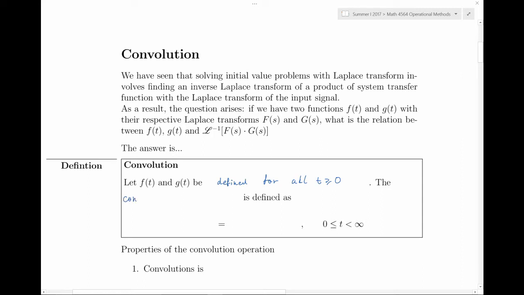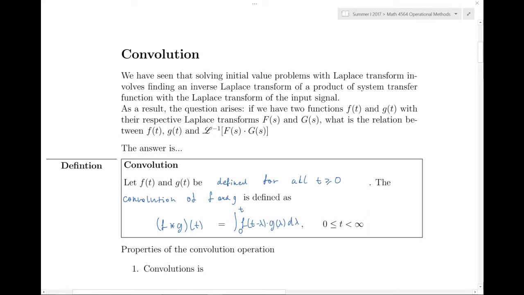The convolution of the functions f and g is defined and denoted as f star g, and that's a function of t defined as an integral from 0 to t of f of t minus lambda times g of lambda d lambda. Note that t is the outside variable for this integral, and the internal variable is lambda, and the integration is done in terms of lambda.